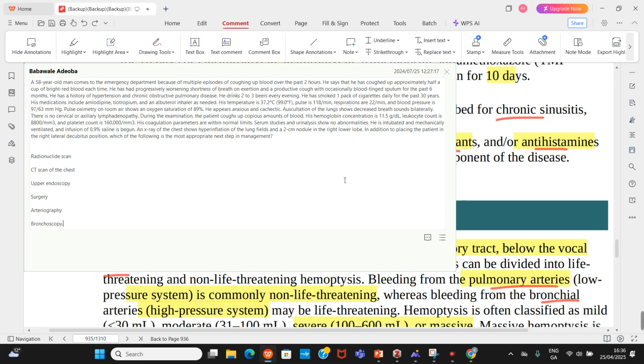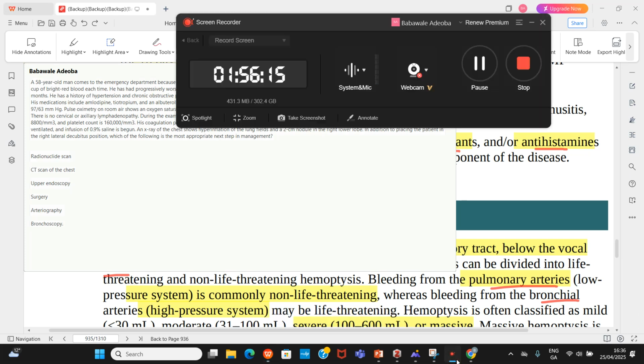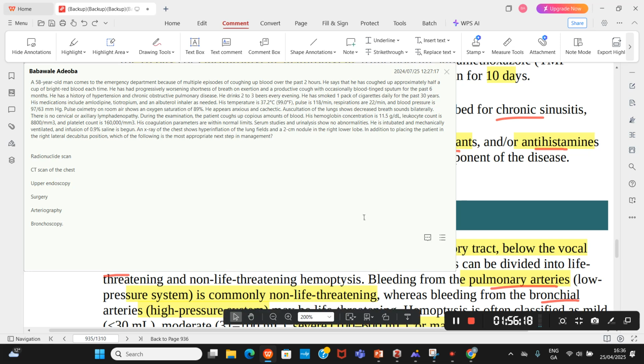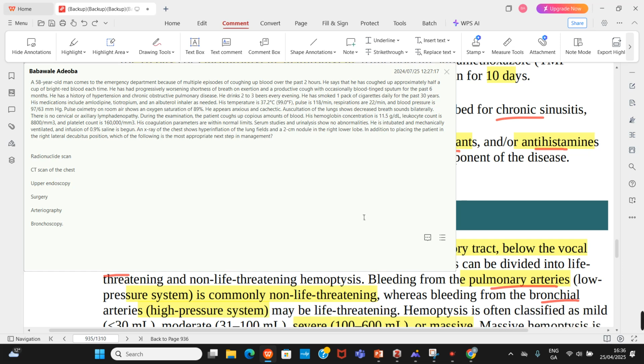He says he has coughed approximately half a cup of bright red blood each time, and he has had progressively worsened shortness of breath on exertion and productive cough with occasionally blood-tinged sputum for the past 6 months. He has a history of hypertension and COPD. He drinks 2 to 3 beers every evening. He smoked 1 pack of cigarettes daily for the past 30 years. Medications include amlodipine, tiotropium, and albuterol.